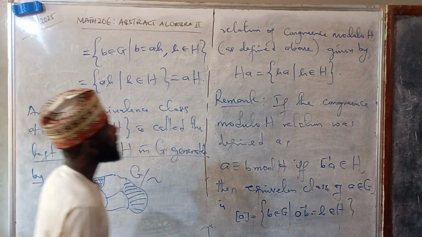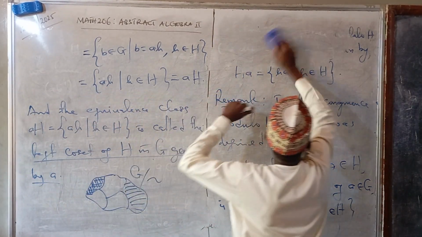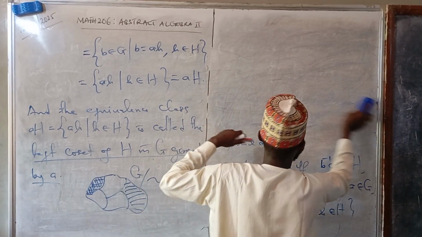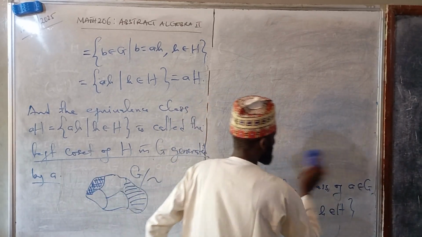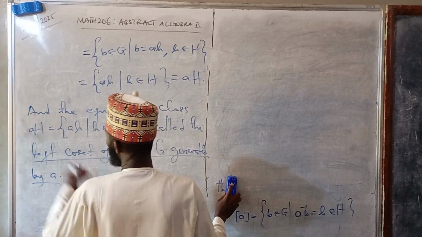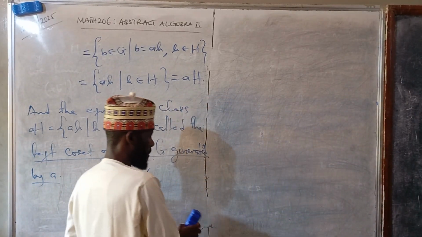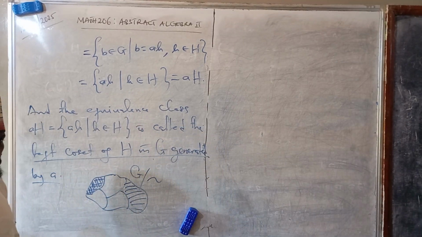So we now talk about these cosets. Let us talk more about cosets. I will just discuss right cosets, but whatever I'm going to say about right cosets is also applicable to left cosets.